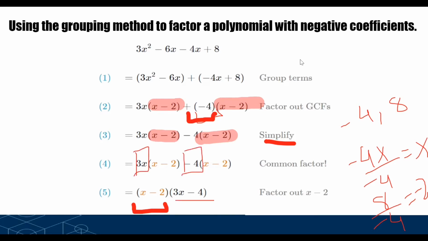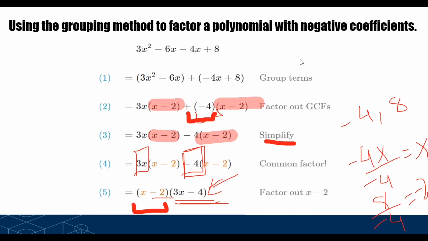And notice how this GCF, the second one, was -4, so it's 3x minus 4. So here's the thing: if you are doing grouping for a polynomial expression that has negative coefficients, your second factor is going to have a negative sign in it.